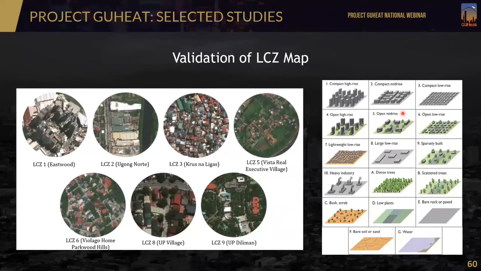You can examine the local climate zone represented, for example, by Eastwood, local climate zone 2, local climate zone 3 by Cruz de Ligas, and different other local climate zones with different levels of vegetation and height of these structures.